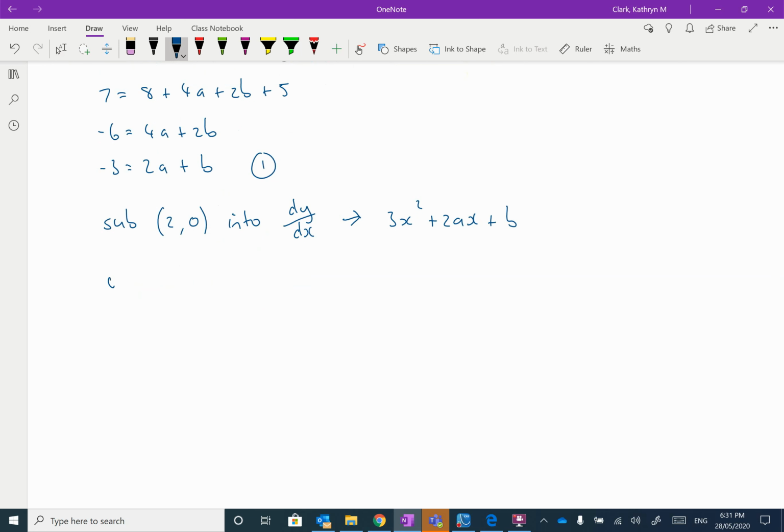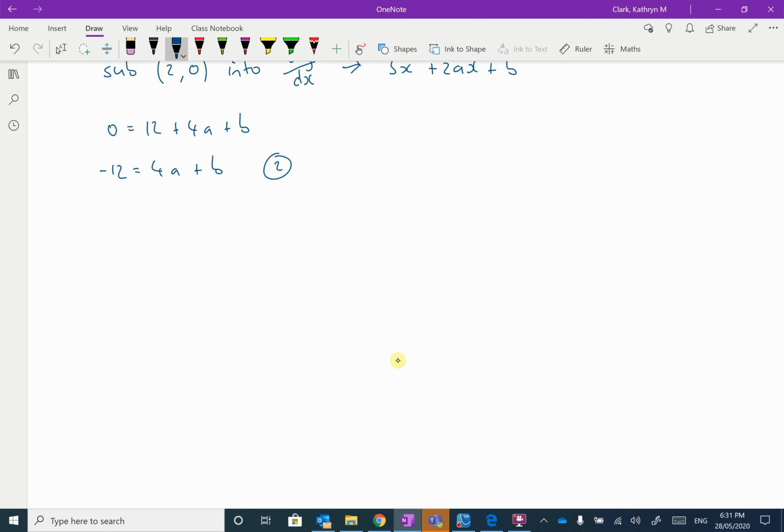Alright, so I know that 0 is going to equal 2 squared is 4, by 3 is 12, plus 2 by 2 is 4a, plus b. So -12 will equal 4a plus b. And that gives me my second equation. Hurrah!